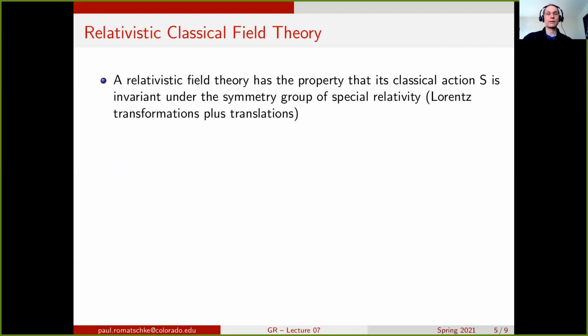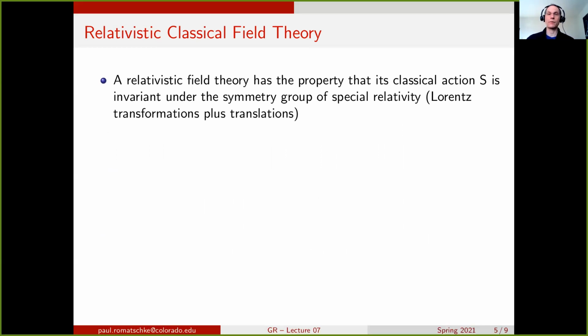Okay, so we talked about the action in the case of classical Lagrangian mechanics. Now we sort of take the same concept and we want to construct classical field theories, in particular relativistic classical field theories. In order to do this, we want to proceed by constructing a classical action S that is obeying some of these fundamental symmetry requirements that we would like to have.